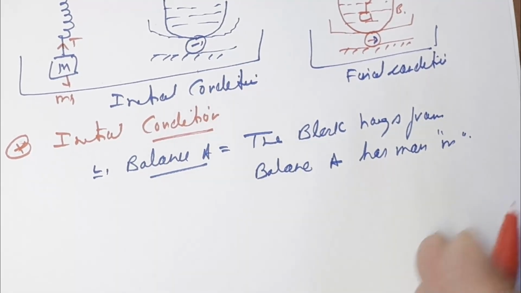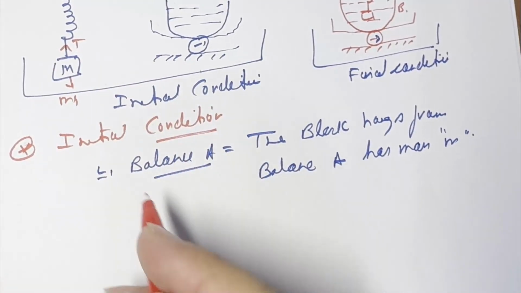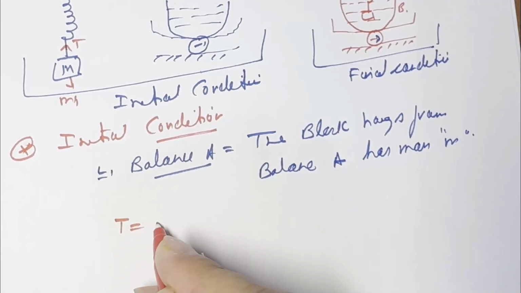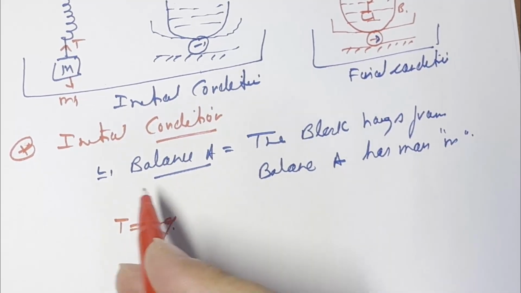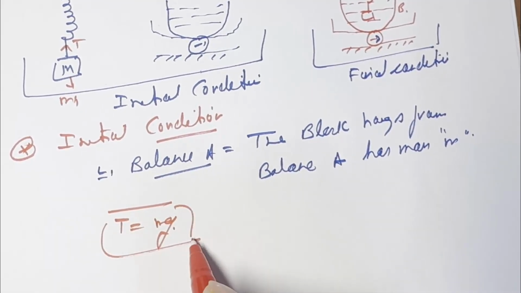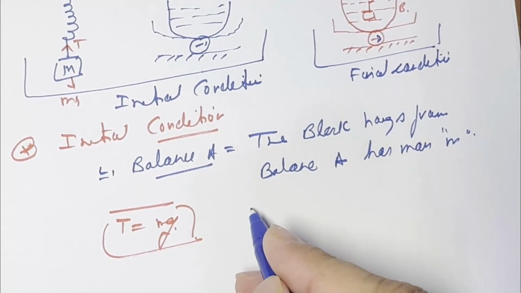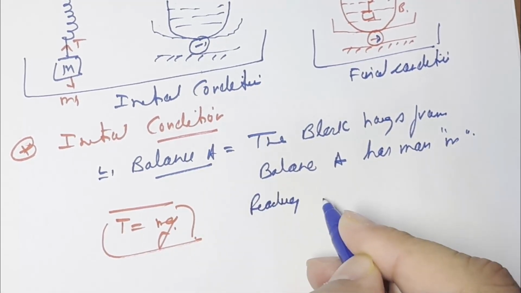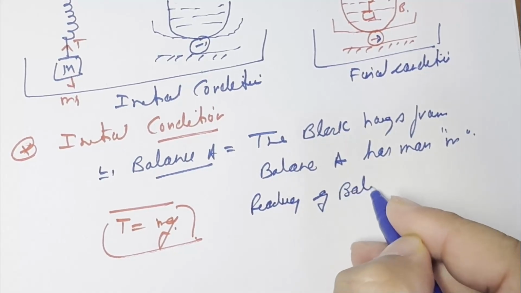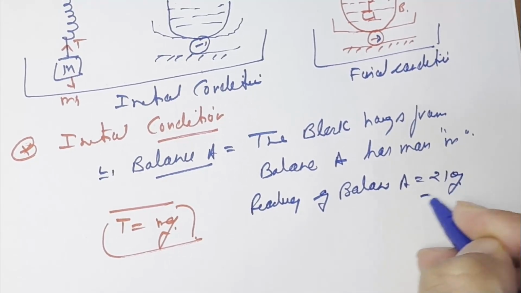Okay. So from here we can say, once it is in equilibrium, for balance A, tension T will be equal to mg, and the reading is our 2 kg. Reading of balance A is 2 kg.